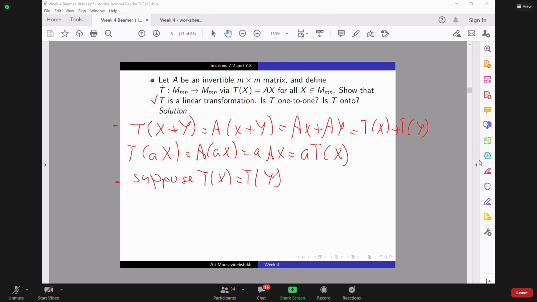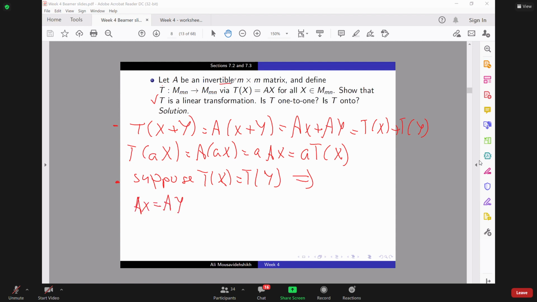That X equals Y. Exactly. Well, what does this tell me? It tells me AX equals AY.